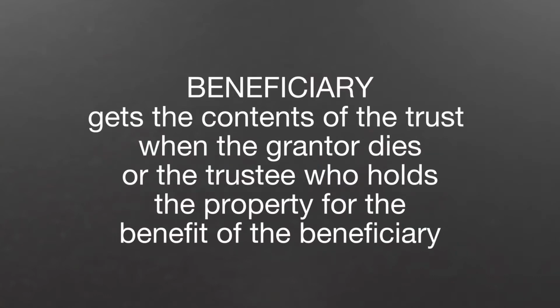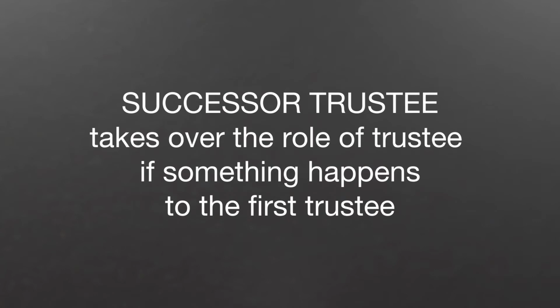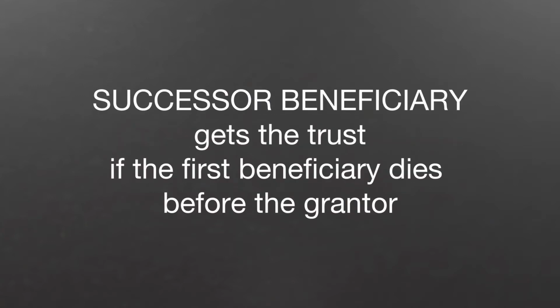Beneficiary is the person who gets the contents of the trust when the grantor dies, or who the trustee is holding the property for the benefit of. Successor trustee is the person who takes over the role of the trustee if something happens to the first trustee. Successor beneficiary is the person who gets the trust if the first beneficiary dies before the grantor.